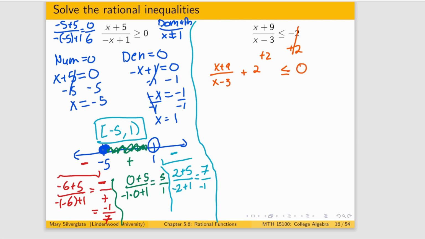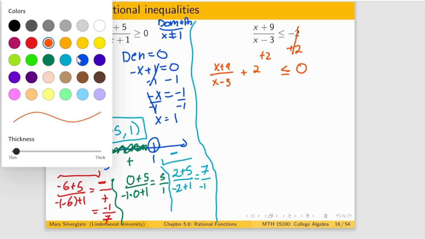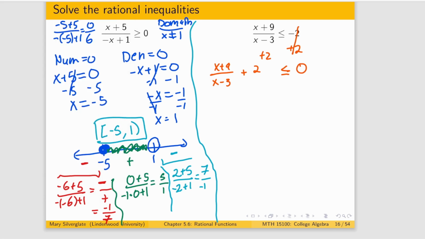Now I have to combine this into one rational function. So I want to think through, what is their least common denominator? Well, currently the 2 is secretly over 1. The least common denominator between 1 and x minus 3 is just x minus 3. So I want to multiply both the numerator and denominator on the 2 in order to make him over x minus 3 instead.